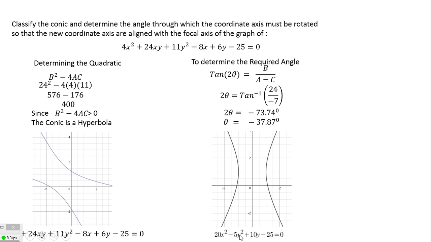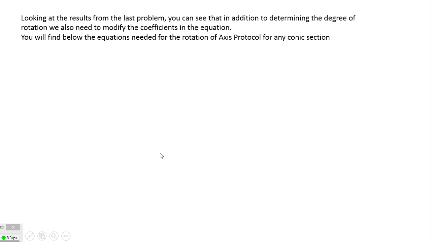Now getting to that is going to be very detailed, and we're just going to give you the formulas for determining that new equation using the rotation of axes protocol.